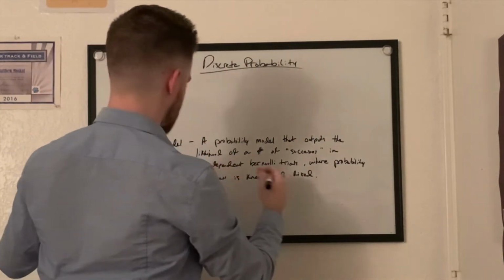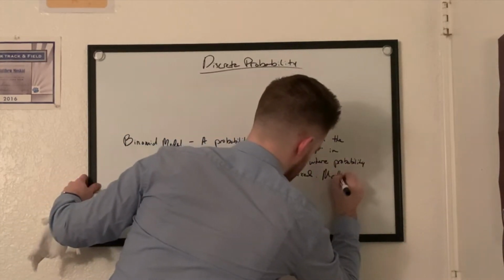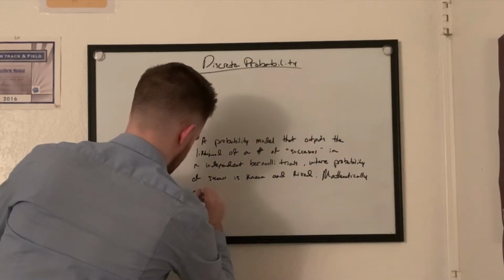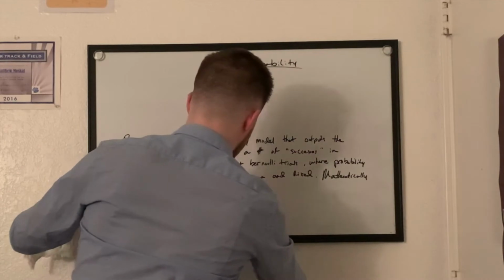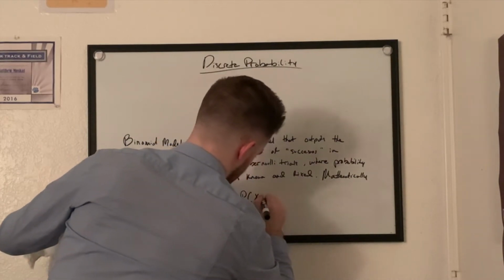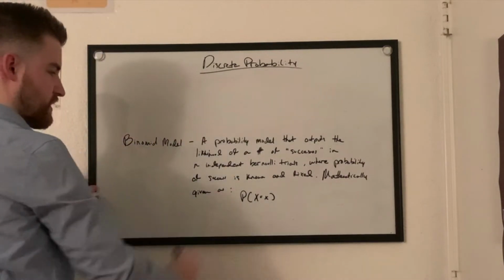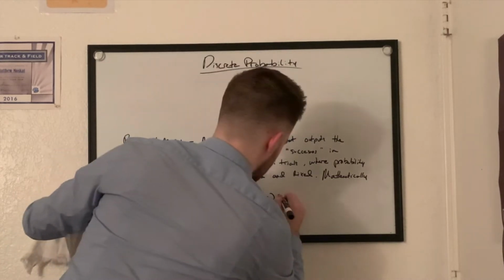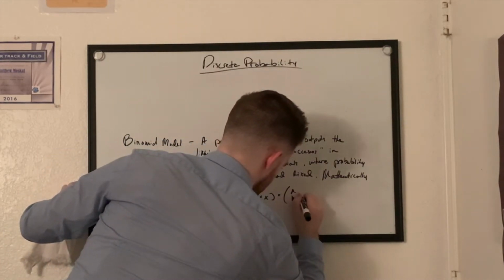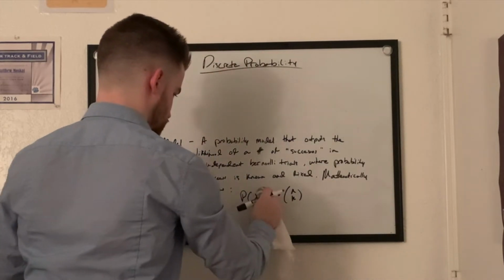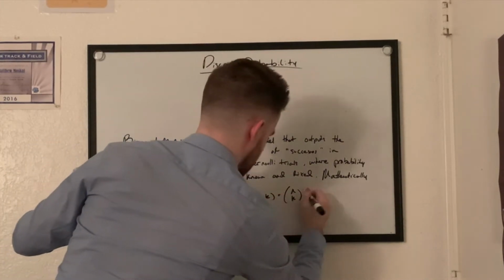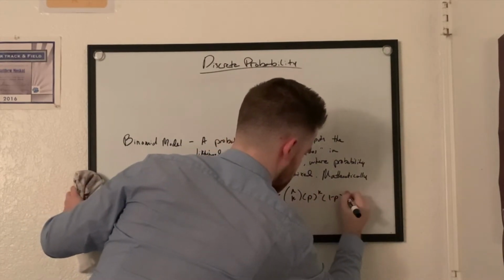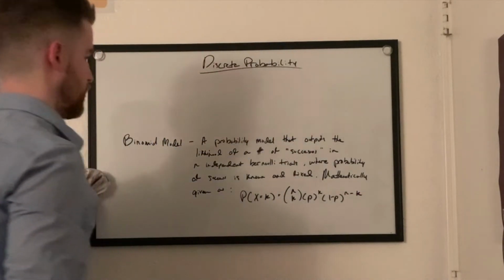And I'm going to say that the binomial model is mathematically given as the probability that our random variable X is equal to some little x observation of success is equal to n choose k, where x equals k, n choose k, p to the k, and then 1 minus p to the n minus k.